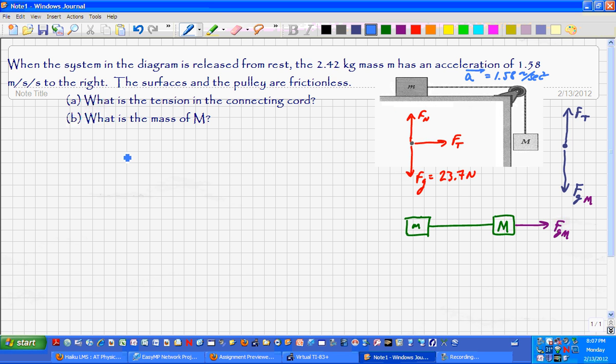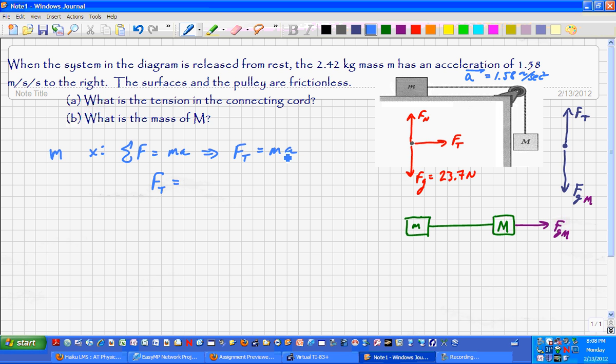So in the x direction for just little m, since we have that kind of information for little m, the sum of the forces is going to be equal to ma. So we've got f of t equal to ma. We know m, we know a, so we can find f of t.